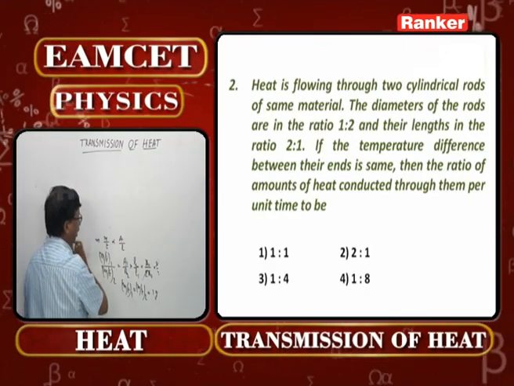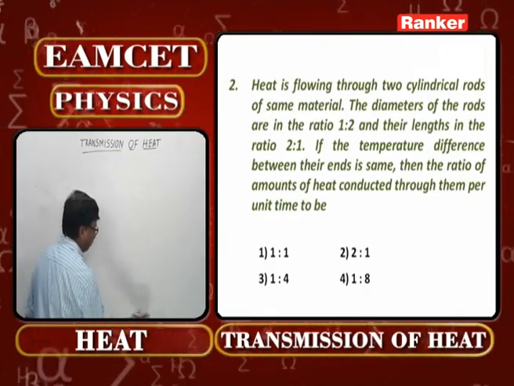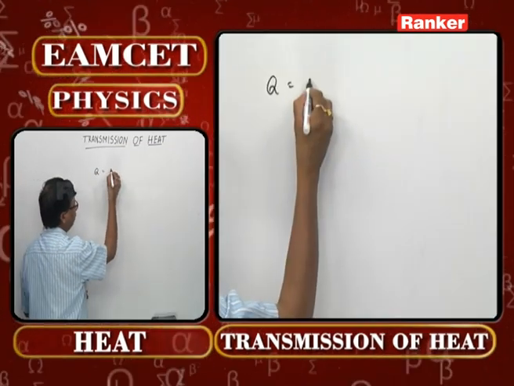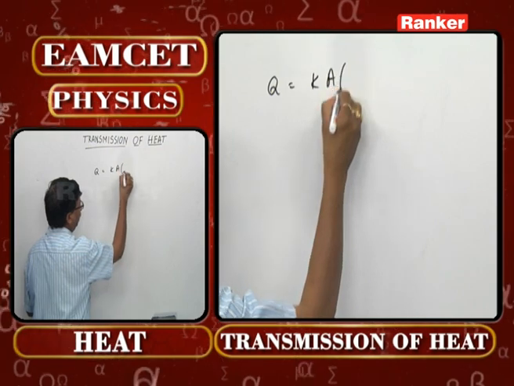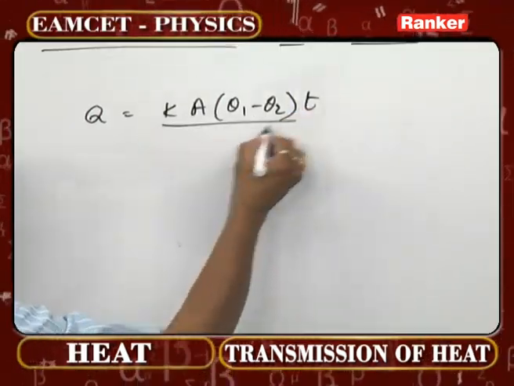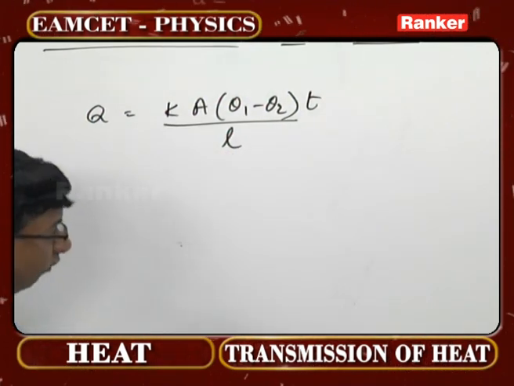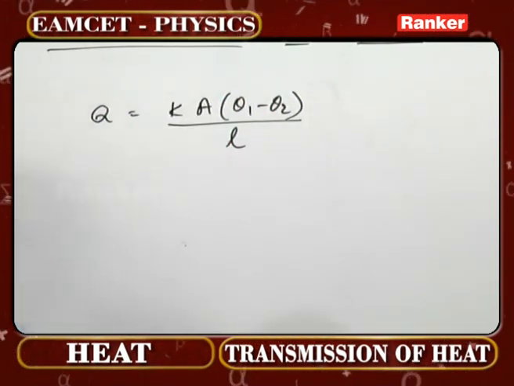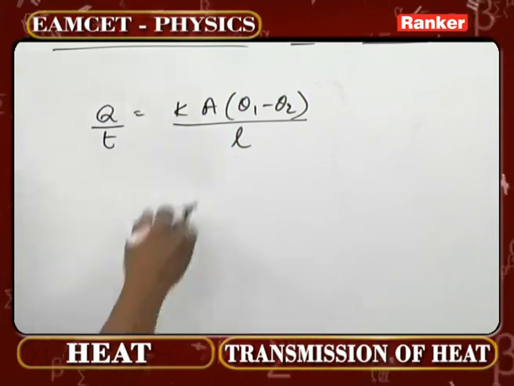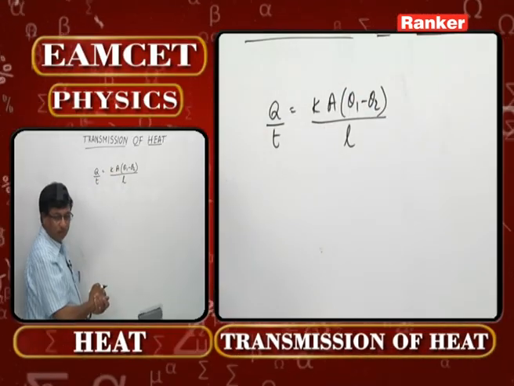The amount of heat conducted per unit time, that means the power, like we can say Q is equal to K A (theta 1 minus theta 2) t by L. This is the formula. But he is talking about the Q by t value. That means the quantity of heat energy conducted per unit time is what he is asking.